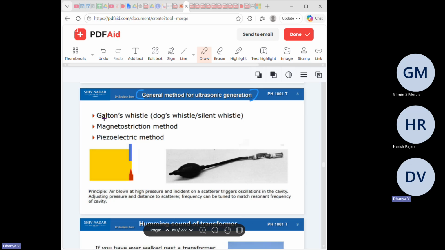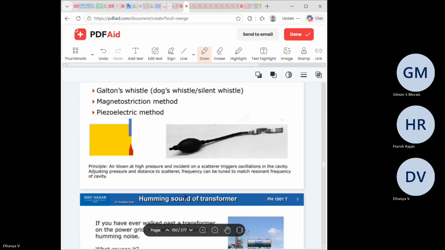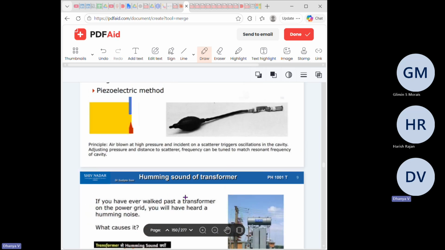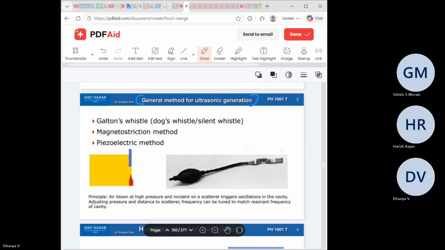First, it's Galton's whistle. When blown at high pressure, an incident jet on a scatterer triggers oscillations in the cavity. So adjusting pressure and the distance to the scatterer: if you blow your whistle at high pressure, it starts triggering oscillations inside the cavity.